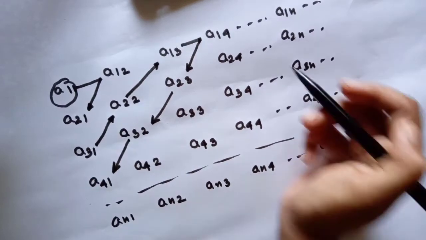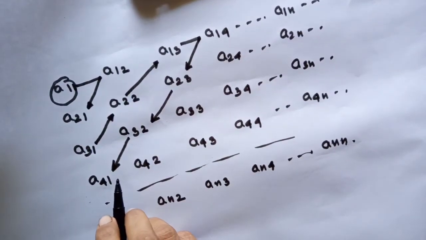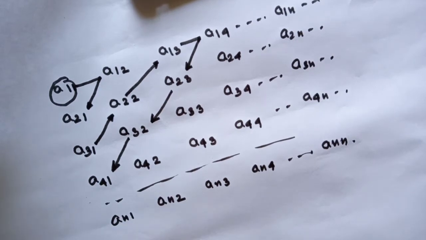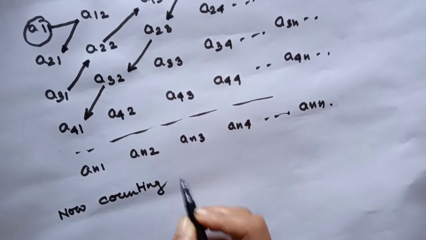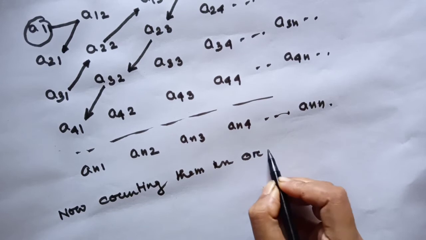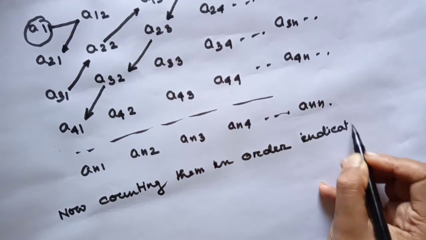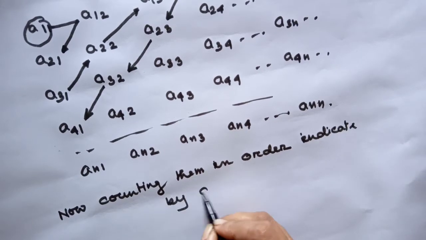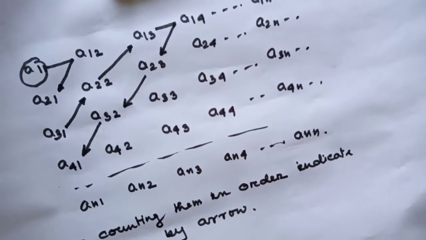In this way, we can count them in order, indicated by the arrow. Have you understood this arrow? Just see again.